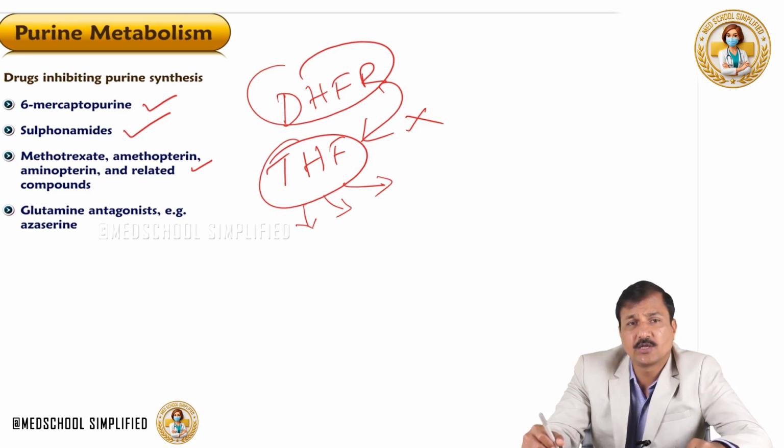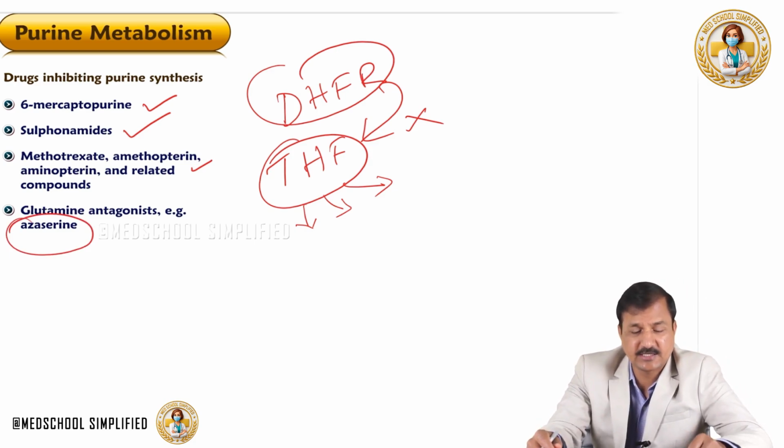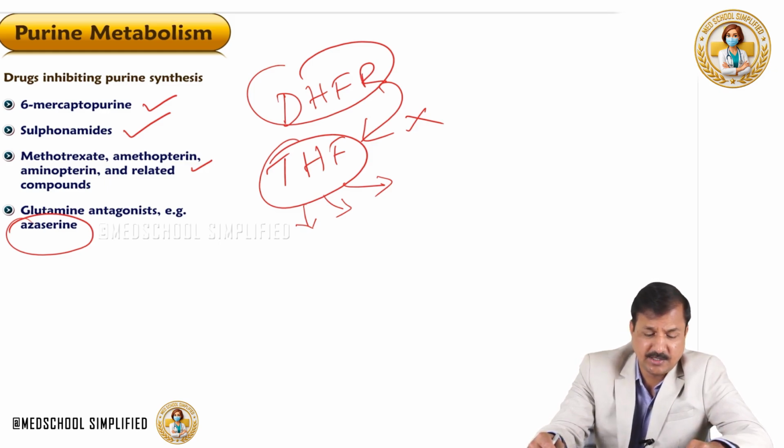So that's how they inhibit purine nucleotide biosynthesis. Methotrexate also decreases the conversion of dUMP into dTMP in pyrimidine biosynthesis. Glutamine antagonists, like azacitidine, decrease the availability of glutamine for purine and pyrimidine nucleotide biosynthesis.